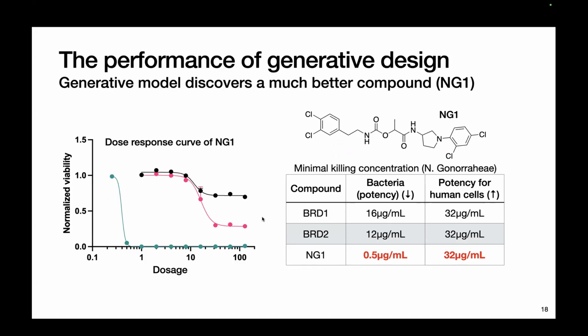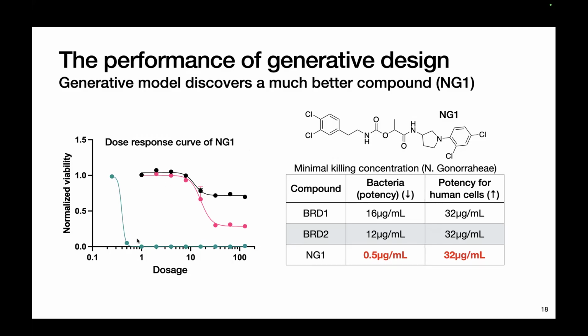So we basically used this generative design campaign, right? And we actually just tested two compounds because of our budget. We generated many candidates, but we eventually went for two compounds, NG1 and NG2, and one of them actually worked, right? So I'm not showing NG2 here, but NG1 worked very well.